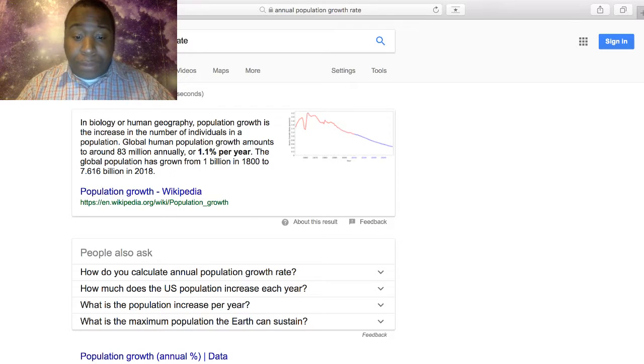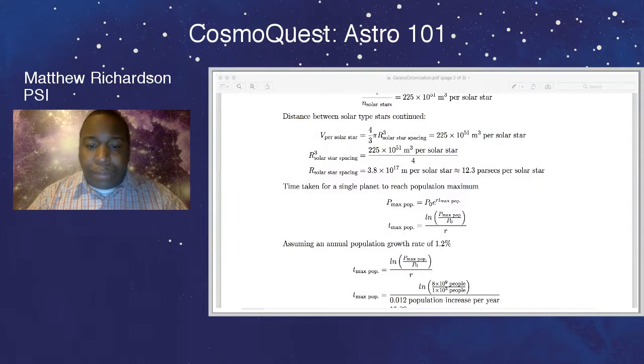So I used the value of 1.2% to help in calculating the amount of time it would take to reach the maximum population size. And so let's go back. That's an important portion of the calculation, of course.